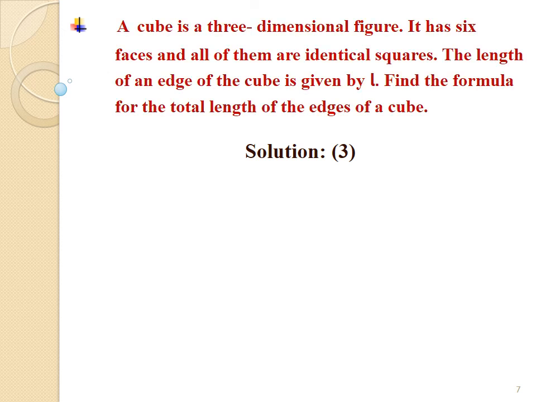Students, in this question, we have to find the formula for the total length of the edges of a cube. That is, we have to write the formula for the perimeter of a cube.